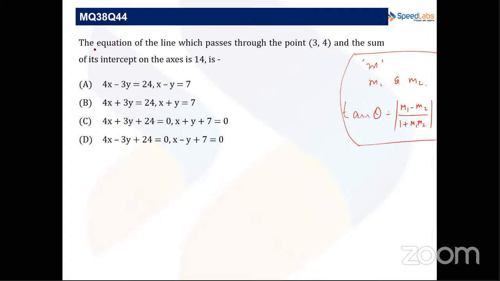Our first question is the equation of the line which passes through the point 3, 4 and the sum of its intercepts on the axis is 14.